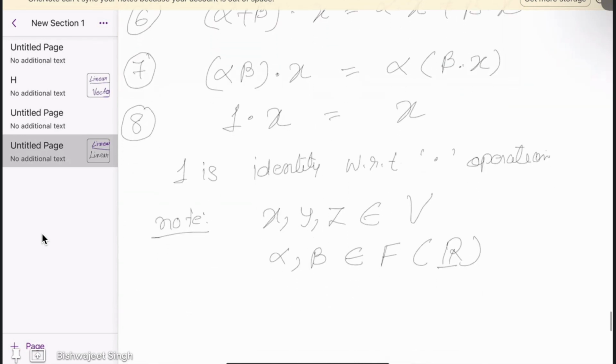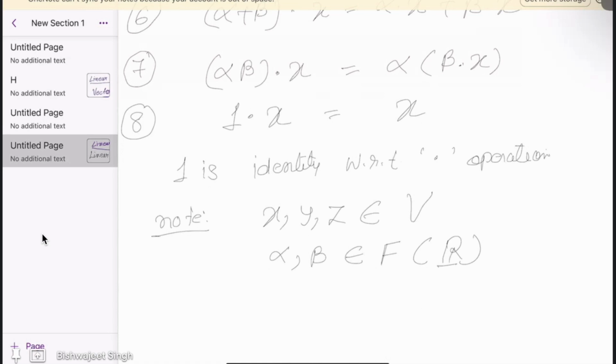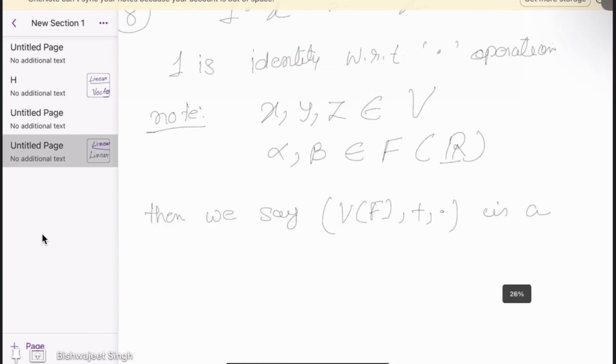If they satisfy these properties, then we say that this combination plus dot is a vector space.